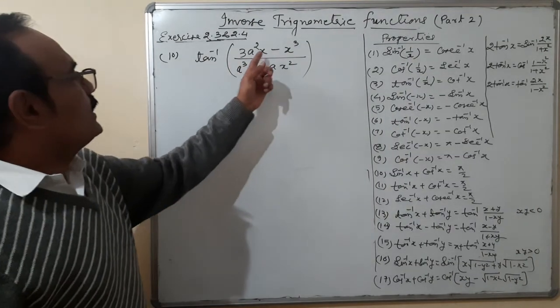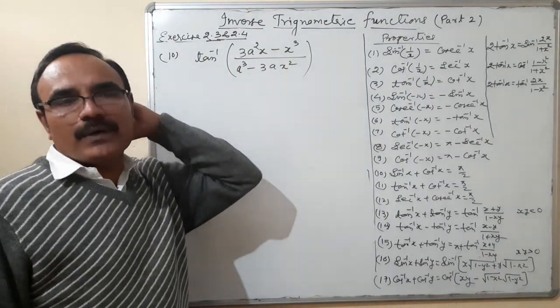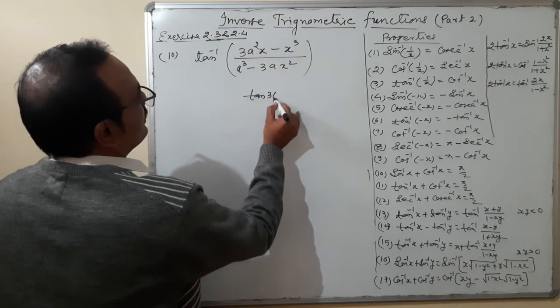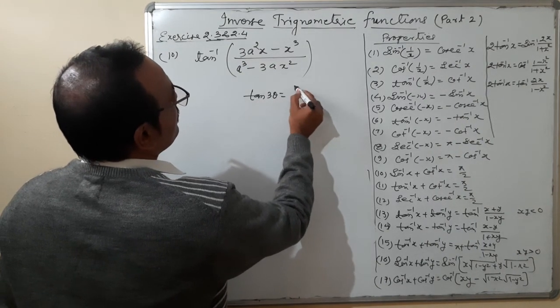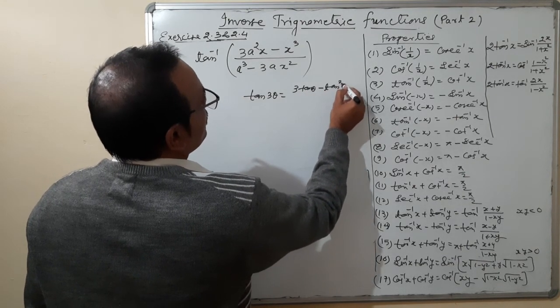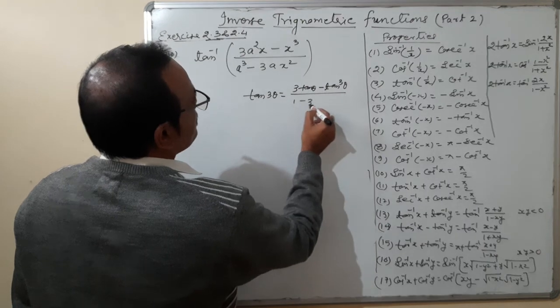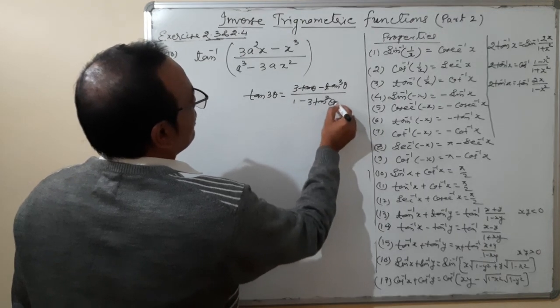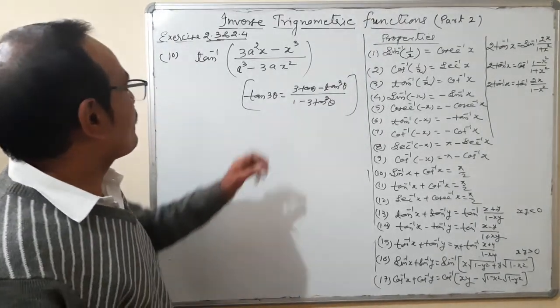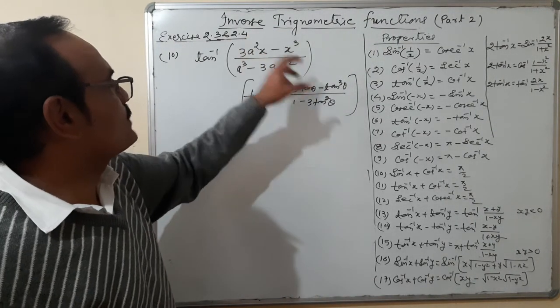Because in tan inverse of this form you remember tan 3 theta. Tan 3 theta is equal to (3 tan theta minus tan cube theta) upon (1 minus 3 tan square theta). It is a formula you studied in class 11th, and you can see the terms match.